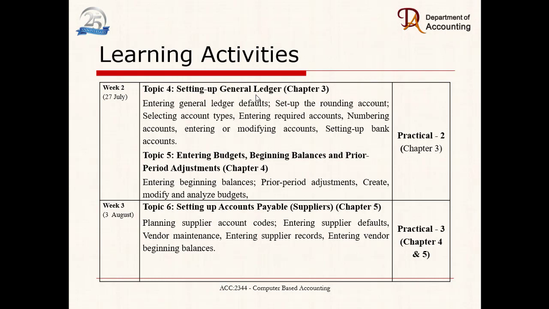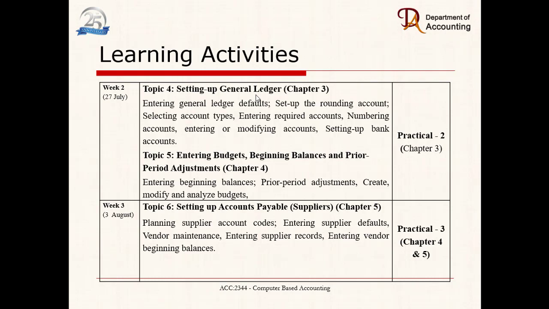Apart from that, the most important thing is that we are going to create the different accounts. We basically have 5 types of accounts: assets, liabilities, income, expenses, and equity. So in the general ledger, we would have to set these different account types and different accounts from the very beginning.